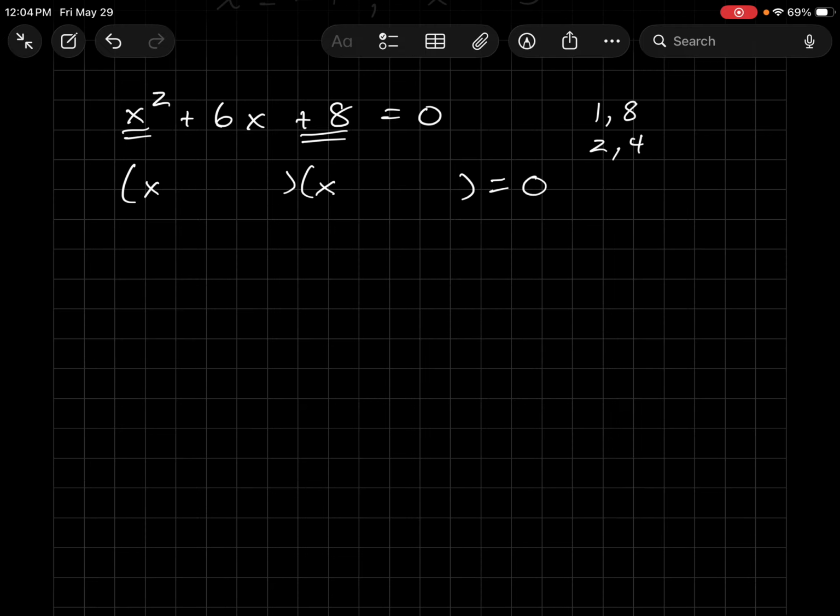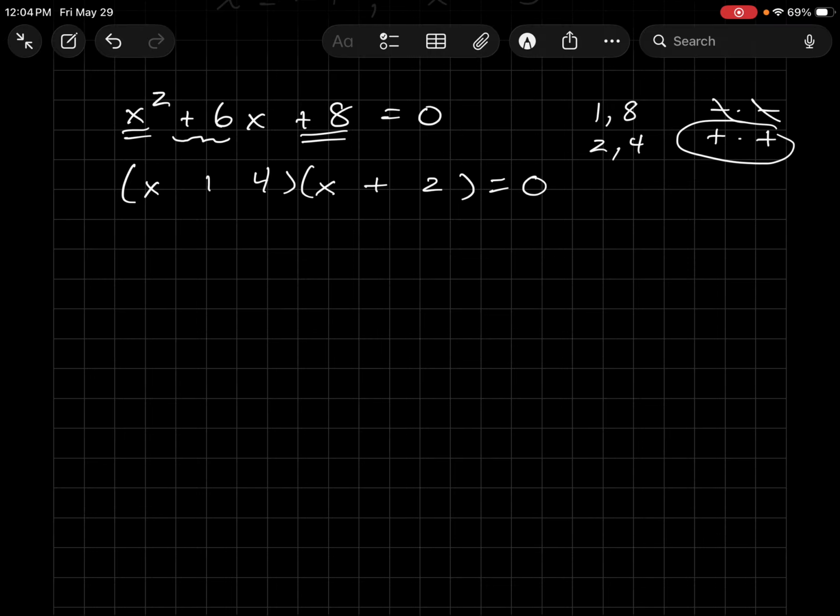I know I multiply to positive 8, so it's either negative times negative or positive times positive. Since I add to a positive, I can't do negative plus a negative to get a positive, so it must be positive times positive. And I know it must add to 6. That is, my factors must add to 6.